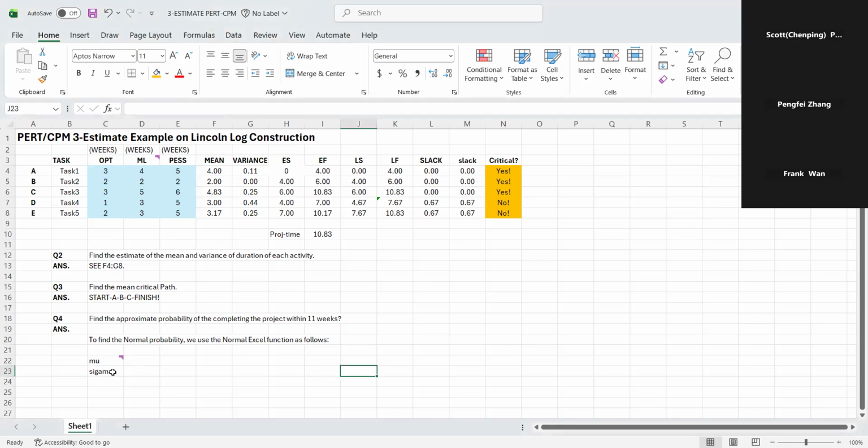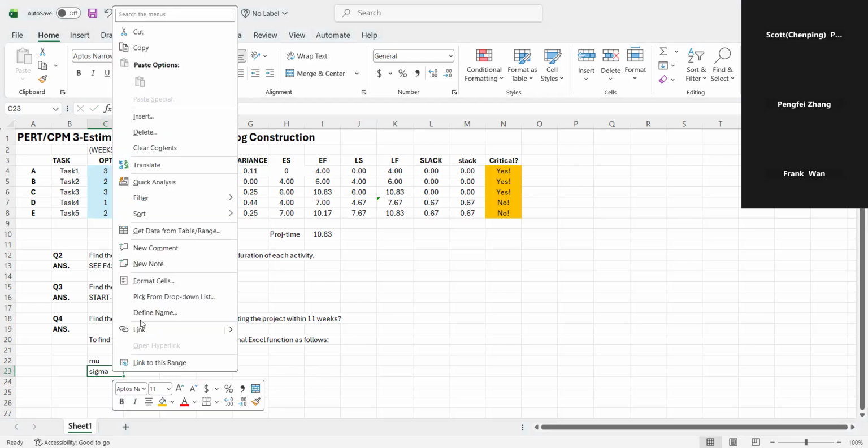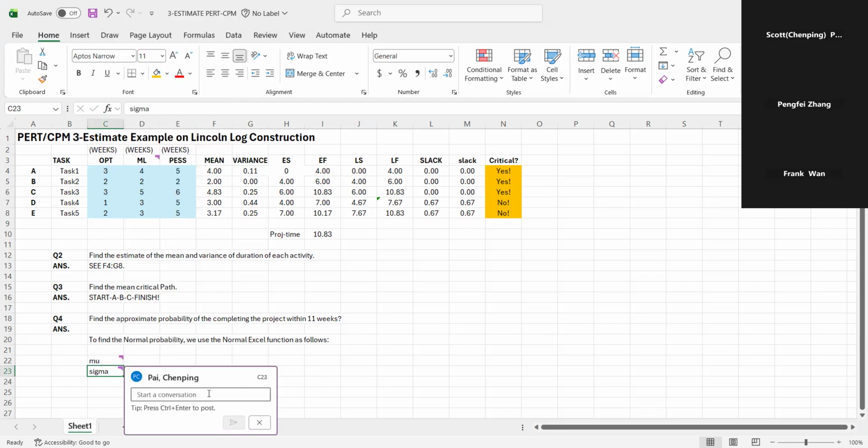and sigma, the standard deviation of project completion time.